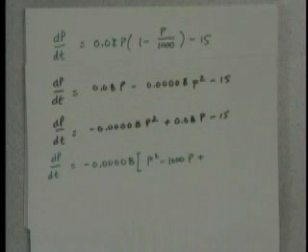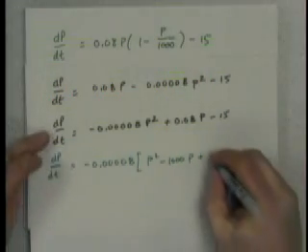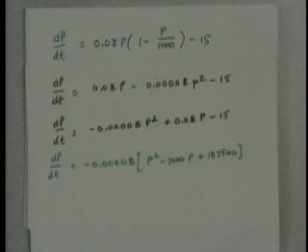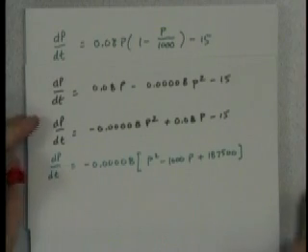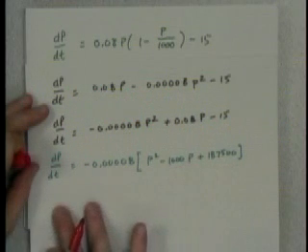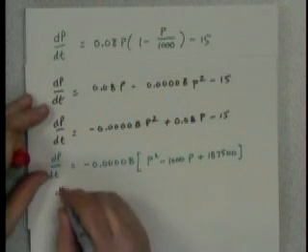Let's see if that comes out to be something decent too. 15. 1, 2, 3, 4. Oh, great. I just like working with whole numbers better than I do decimals that are small or fractions. So for separation of variables, I'm going to pull this thing down to the left. So I have dp over that.